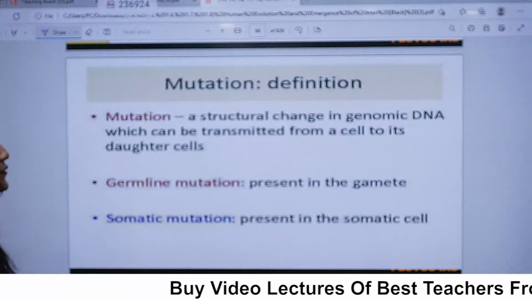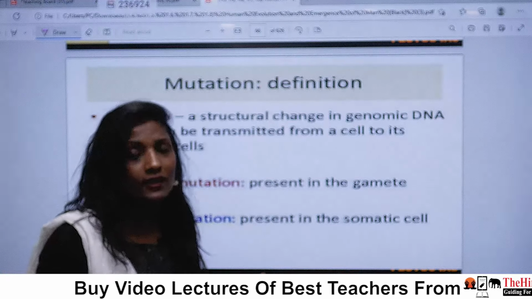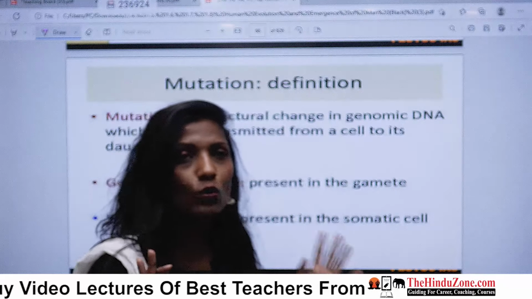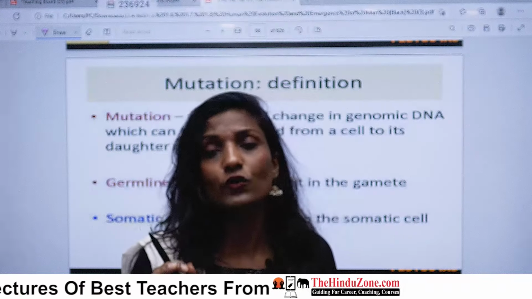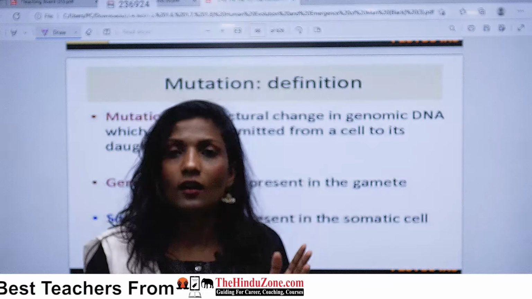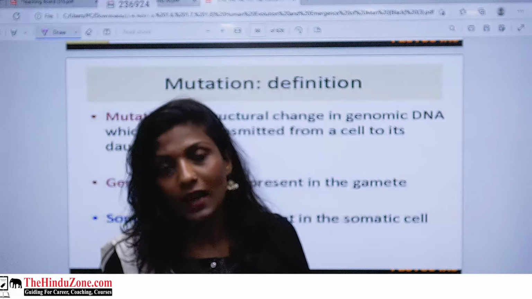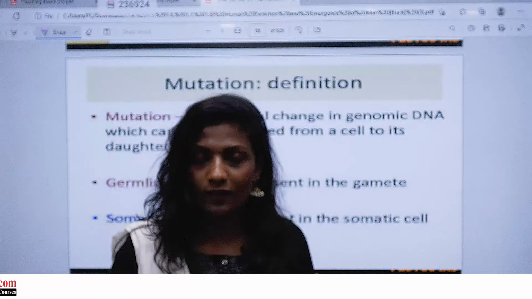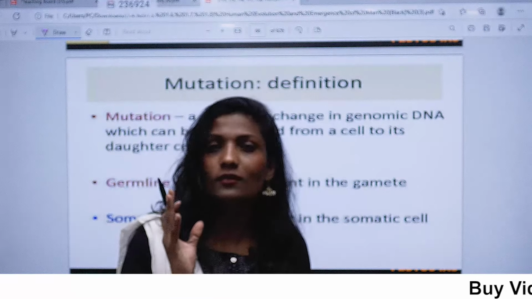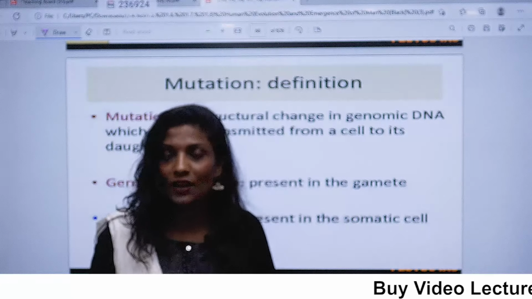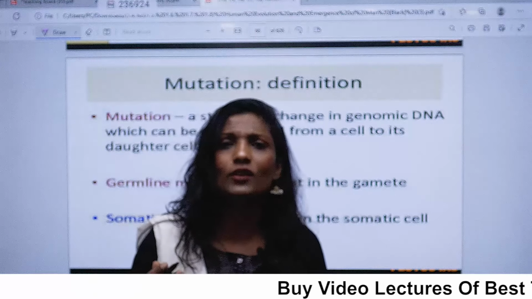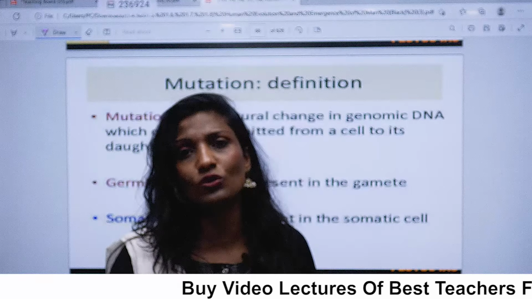Again, you should understand the definition, because I have often seen that aspirants have a little confusion about mutation, basically those who have not studied their class 10th biology. Otherwise, it doesn't matter whether you are coming from a science or social science background.